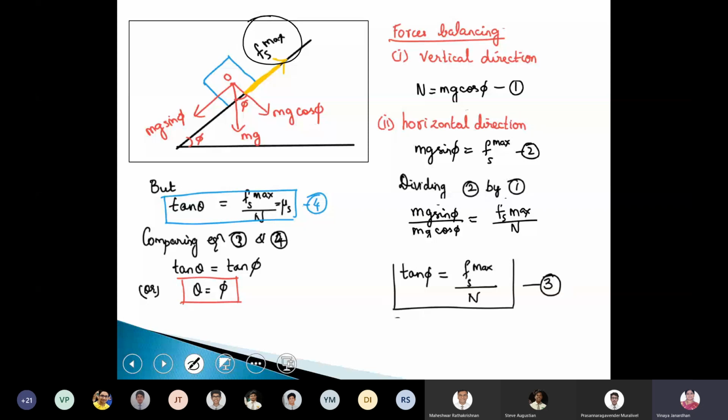Static friction is the frictional force between both the bodies when the bodies are at rest. What is Fs maximum? Maximum static frictional force, or what we call limiting friction. It is the maximum static frictional force that comes into play when the body just begins to slide. That statement is very, very important. What is the angle of repose? Angle of repose is the angle of inclination when the body placed on the inclined plane just begins to slide. Is that clear, boys?